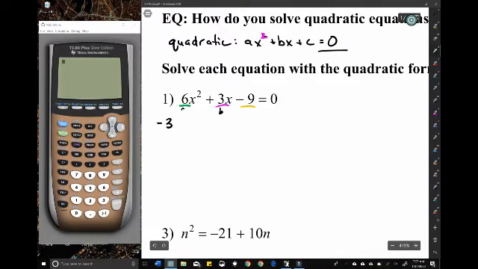This is b, this is a, this is c. Plus or minus the square root of b squared, so 3 squared, minus 4 times a times c. Okay, c is negative 9 with that there. All over 2 times a.